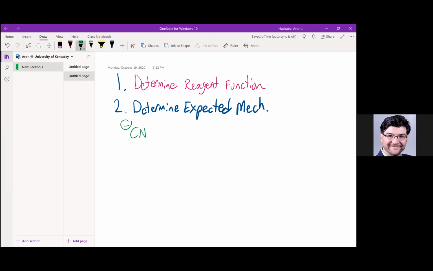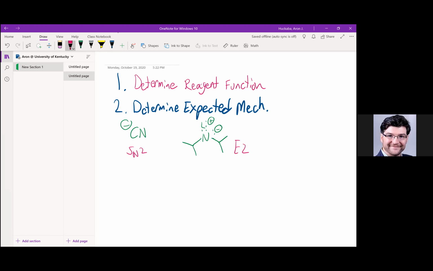Likewise, something that is a relatively strong base, like lithium diisopropylamide, or LDA, is a very good base but a very bad nucleophile. So with the cyanide anion, we could expect a substitution reaction, but with LDA, we could expect an E2 elimination. Knowing what the reagent functions as helps you determine the mechanism.